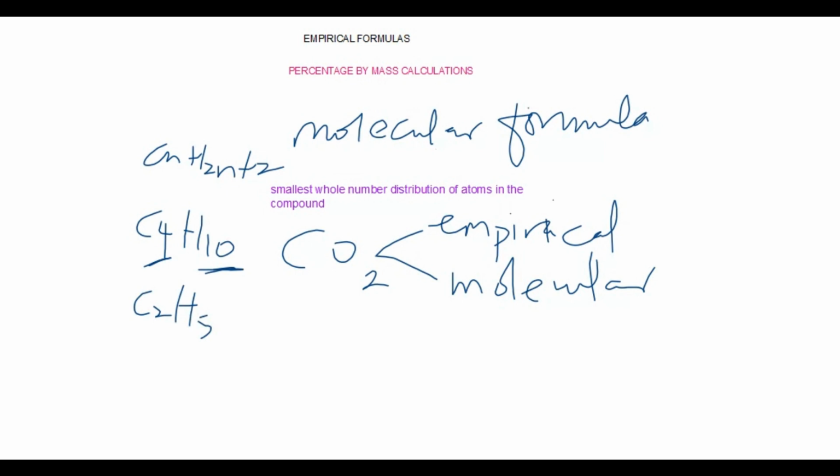Now when you have the empirical formula and you want to move to the molecular formula, it's simply a multiplication of the empirical formula by the factor which you used to divide.